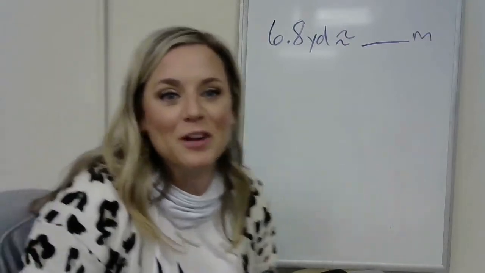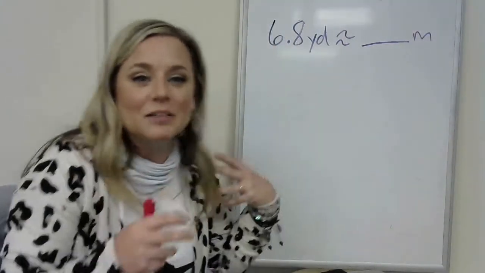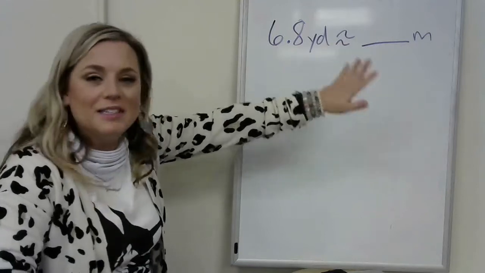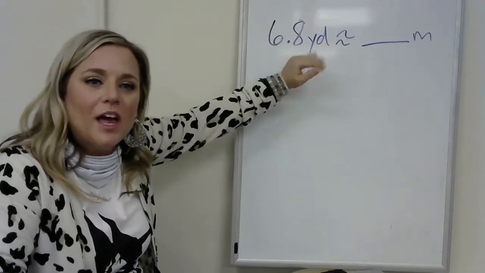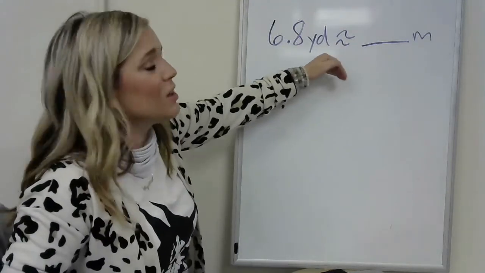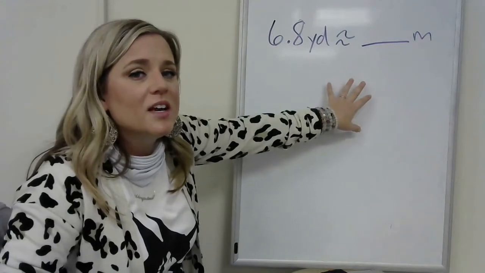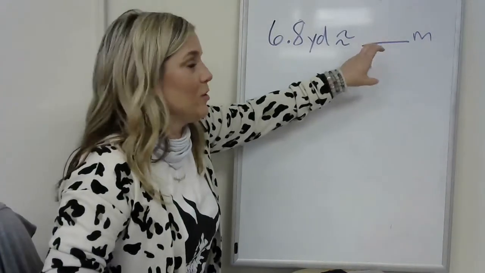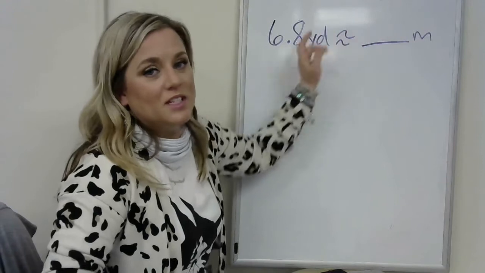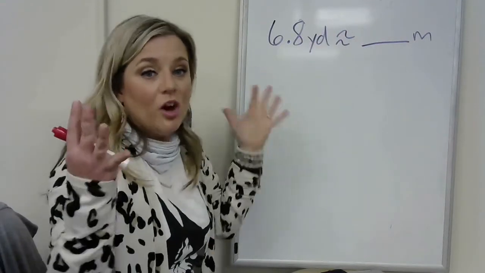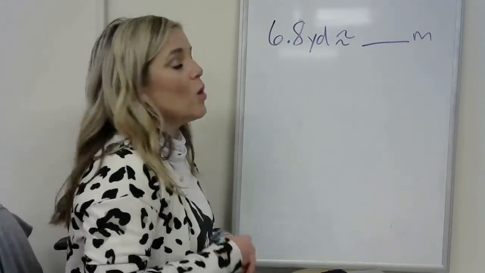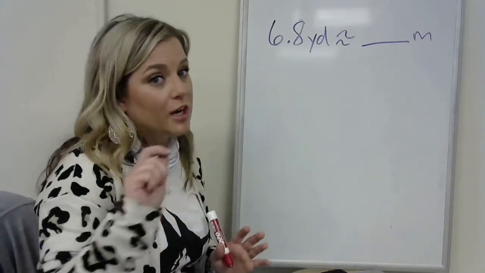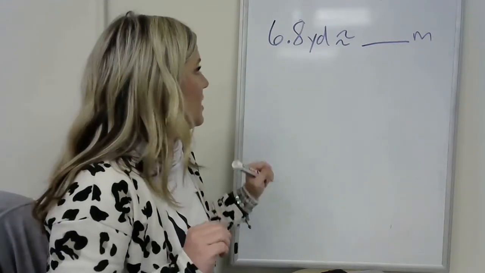All right, so now we're going to do something kind of similar. So now we're going yards to meters. All right, so we know that yards are a little bit smaller than meters. So this number needs to be smaller than this number, right? We know that. All right, so what we're going to do is we're going to look at our conversion chart, and I'm about to pause the video in just a second.